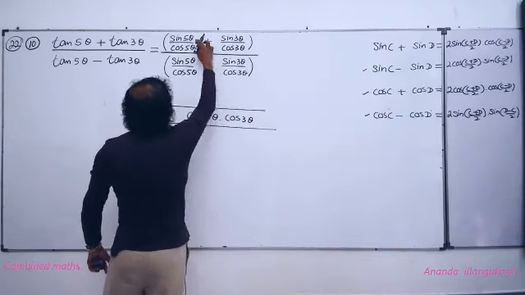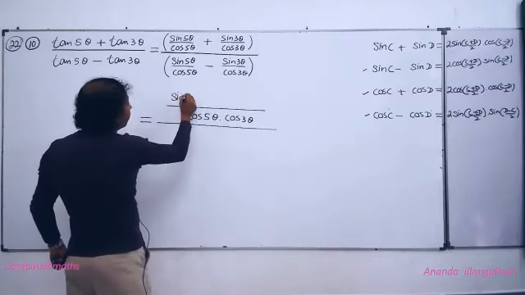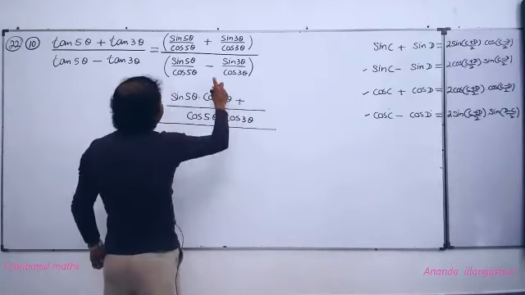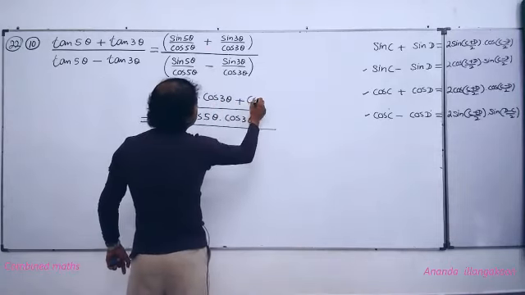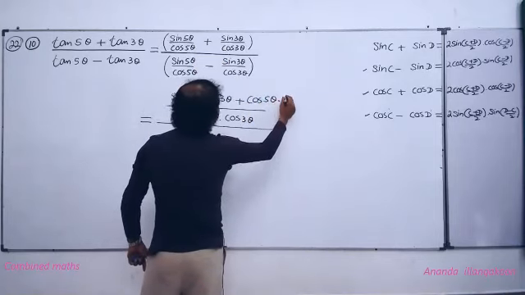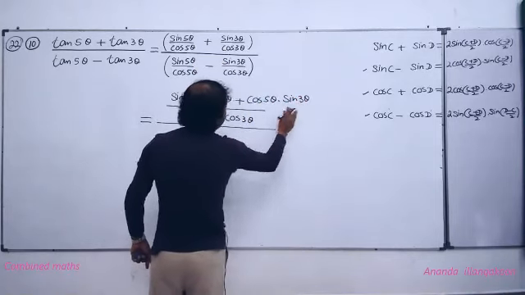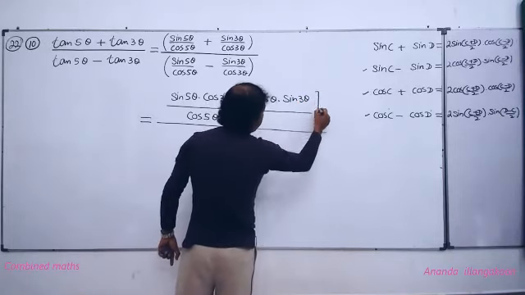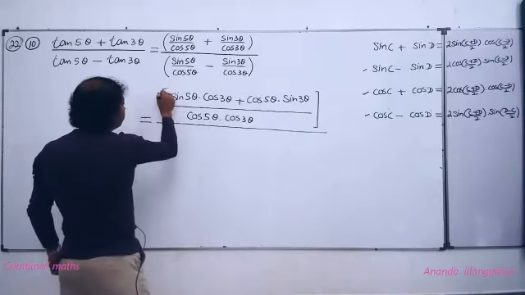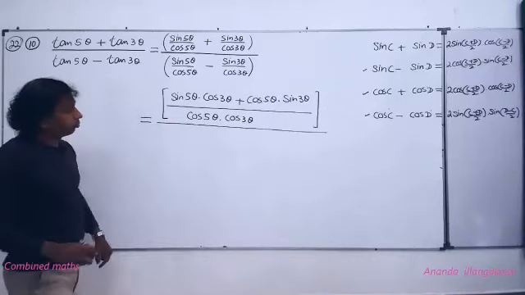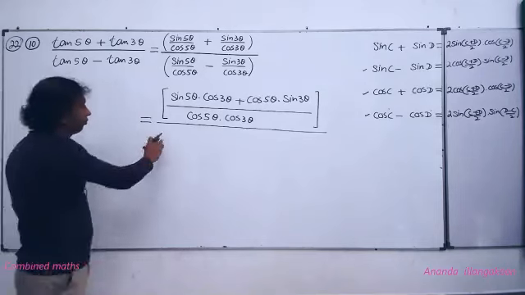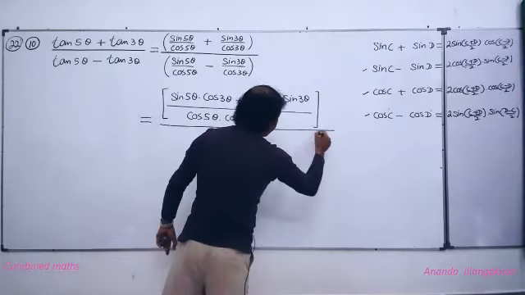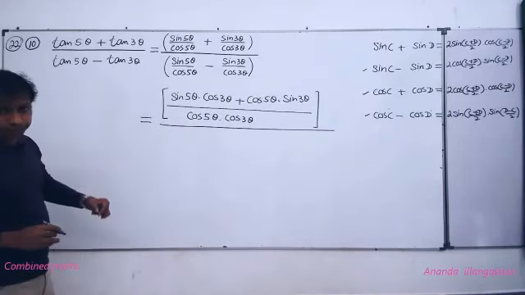Then this cos 3 theta comes in here: sine 5 theta cos 3 theta, and plus cos 5 theta sine 3 theta. Okay.